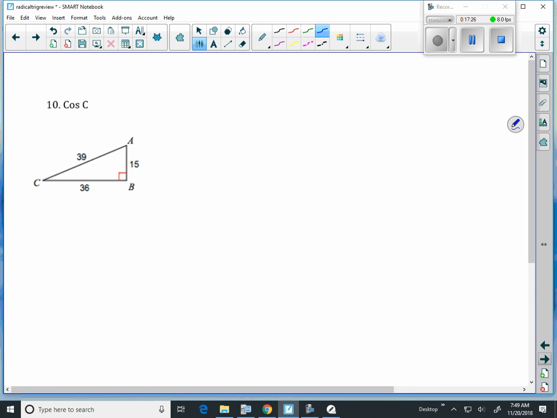All right, so let's do the cosine. Cosine is the CAH part of the SOHCAHTOA. C stands for cosine. So we're doing cosine of angle C, which is adjacent over hypotenuse. Now, the issue that can happen with adjacent is that sometimes people say the adjacent side is the hypotenuse by accident.